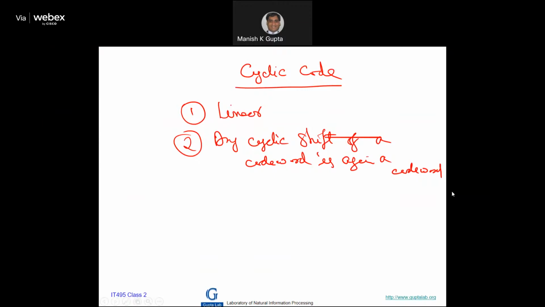So you take a vector x in C, shift it cyclically by one bit, and you see this is also a code word. It's a beautiful property, right? Take another code word, shift it, that is also again in the space. This property is there and it should be linear. Let me take some examples.